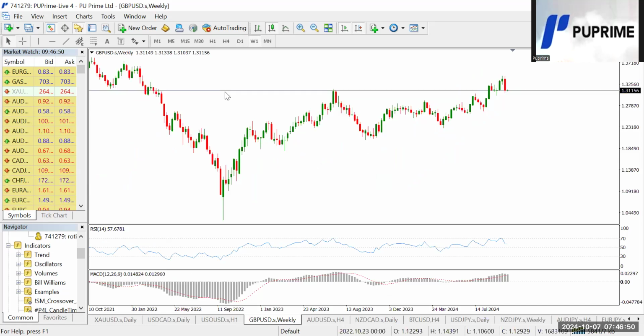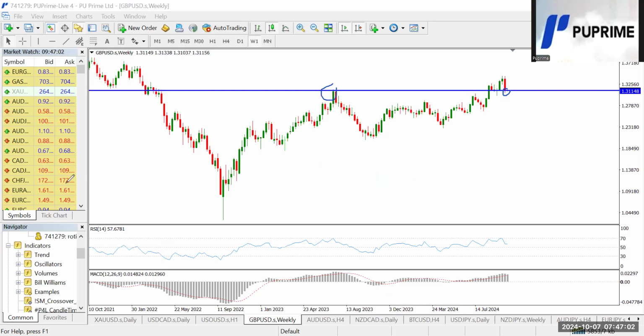Let me start afresh for the benefit of those who may not understand what I did there. Now, we have a previous resistance, which has turned support here, all right? And that means we might expect a bullish movement. That's on one side. That's the weekly time frame.